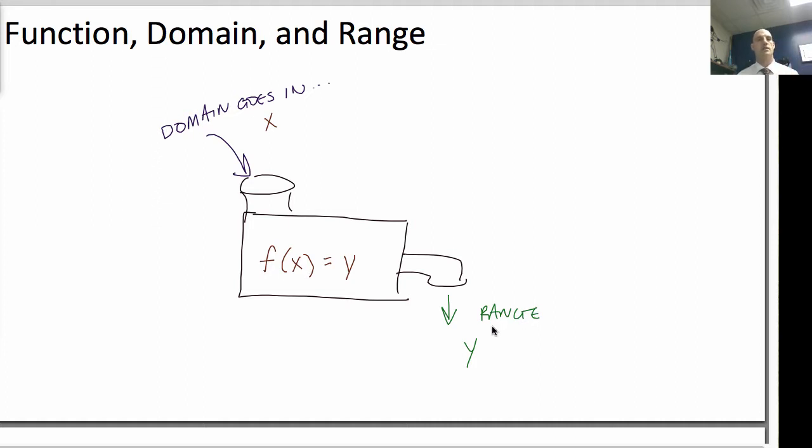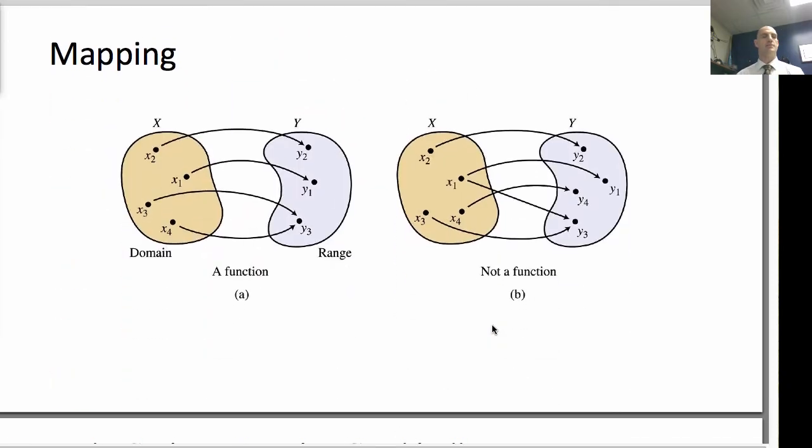I know you know this. The domain goes in, that's the x values. Inside something happens to it and it becomes y on the other side. Well, the thing that we need to remember with domain and range is that if it's going to be a function, it has to do the same thing every time, and it can't do a couple of different things. So it means like this. If I put an x in, x1, I'm going to get out y1.